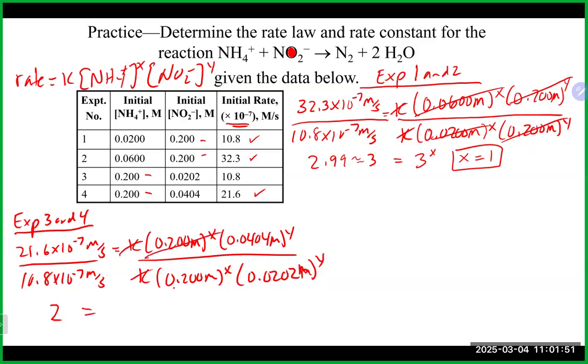The rest cancel, which gives us a 2 to the Y, so Y is going to equal 1 in this case.